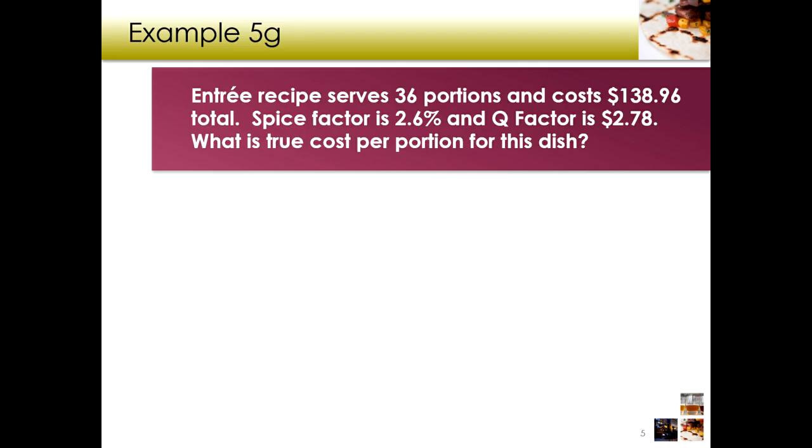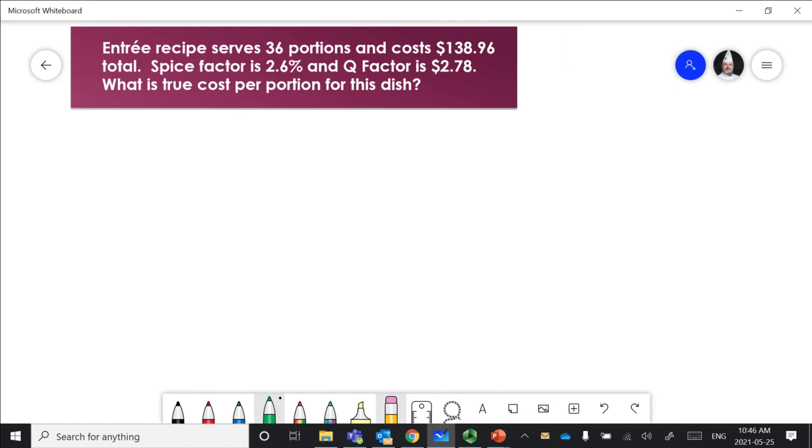So one final example, we have an entree recipe that serves 36 portions and costs $138.96 total. Spice factor is 2.6% and Q factor is 2.78%. What's the true cost proportion of this dish? So we've got a couple of different routes that we can take here, right?